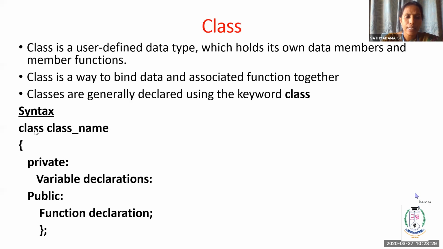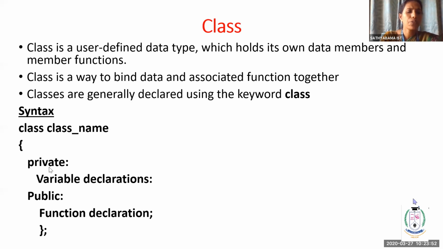The meaning is that class is a keyword, and this class name is a user-defined name. You can give any name for this class. Followed by this, the body of the class starts with the opening brace. Whenever you start the body of the class, it starts with this opening brace.